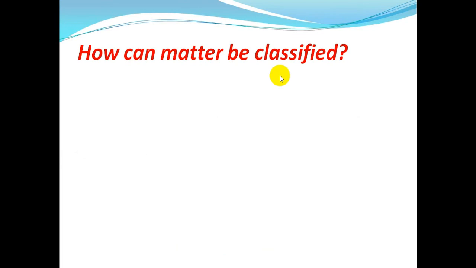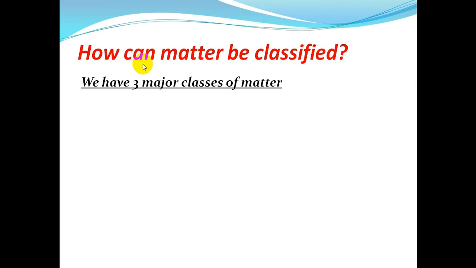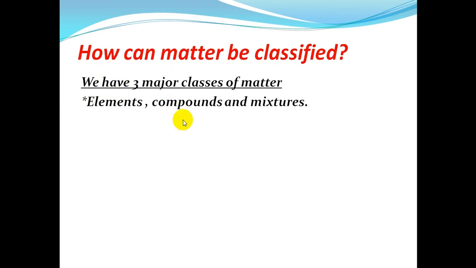How can matter be classified? How can we sort or classify matter? We have three major classes of matter: elements, compounds, and mixtures. In this video we will speak about elements and compounds, and explain exactly what they mean.